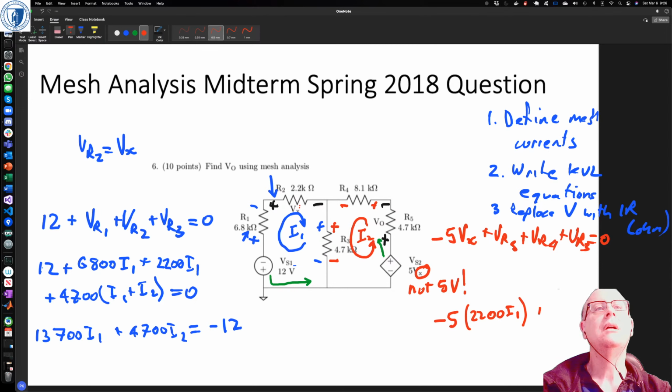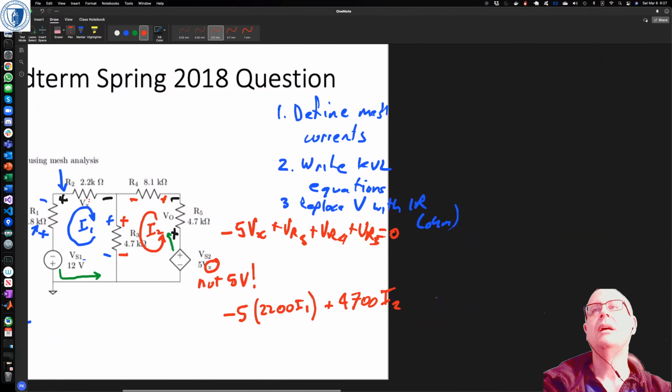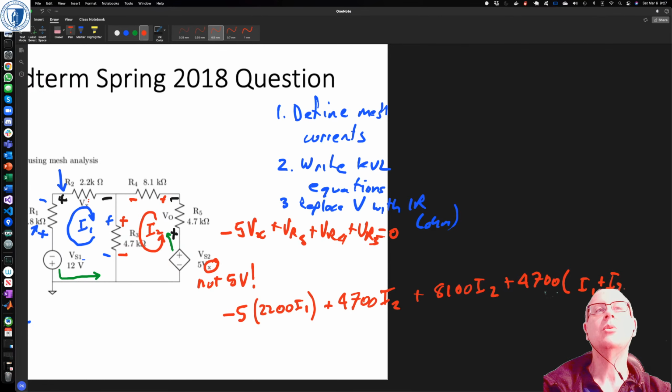We're all aligned polarity wise, so that's going to be 4700 I2, and then plus 8100 I2, and then plus 4700, and it's I1 plus I2, or I2 plus I1, doesn't really matter, and that equals 0.